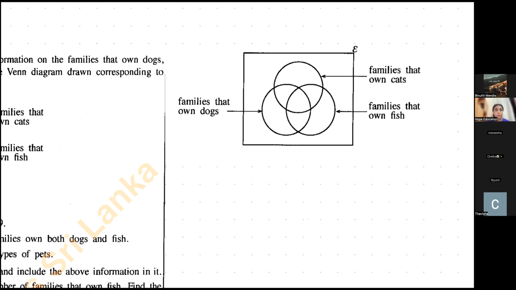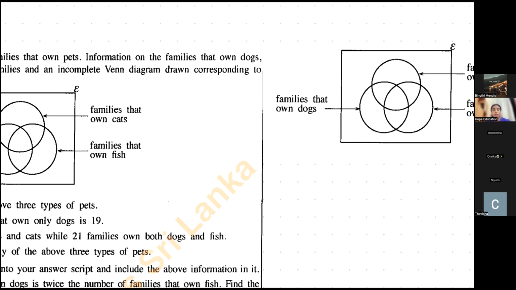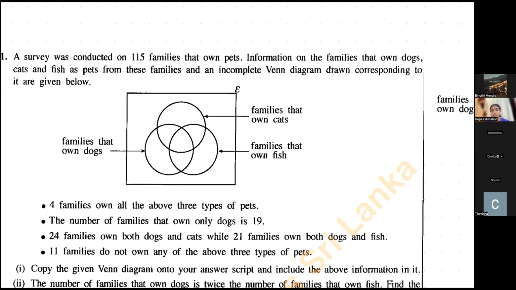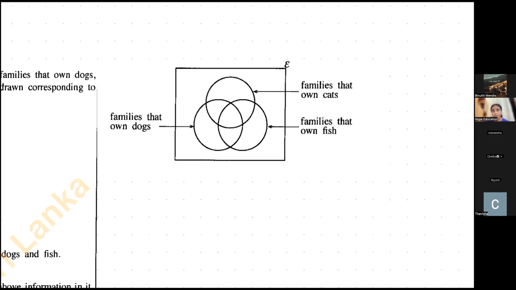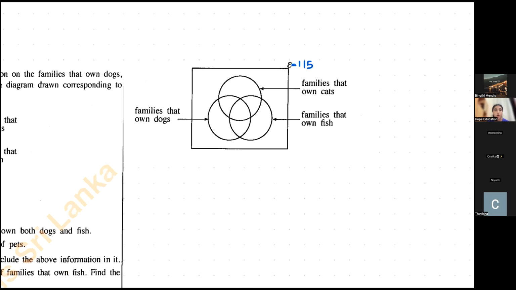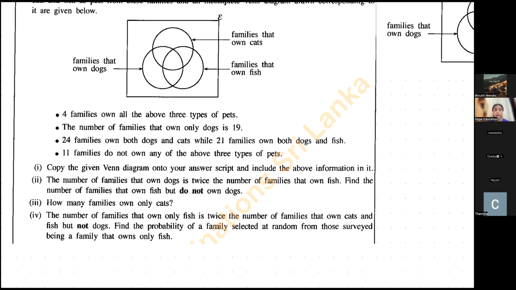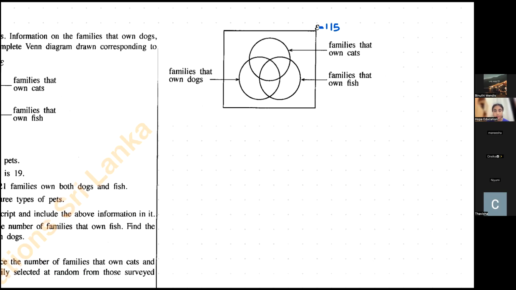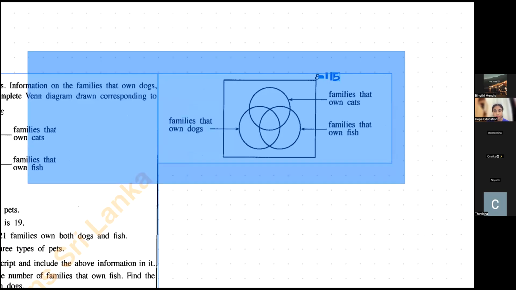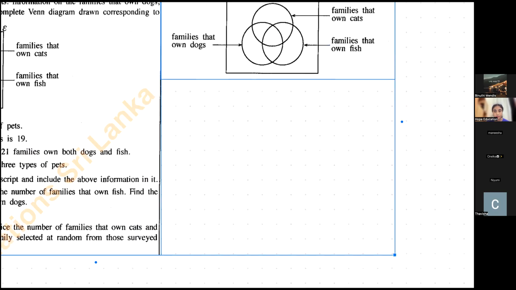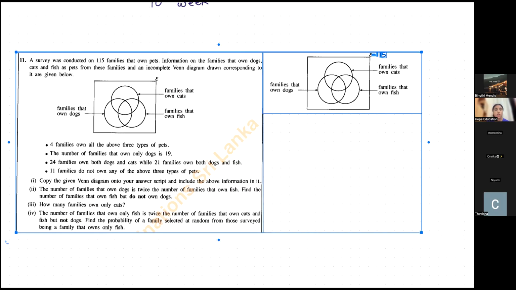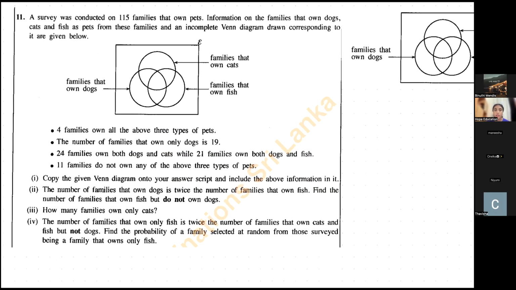Okay, now let's fill it in. Altogether there are 115 families, so the sample space is 115. Four families own all the above three types of pets. That means all three are there, so it should be here.